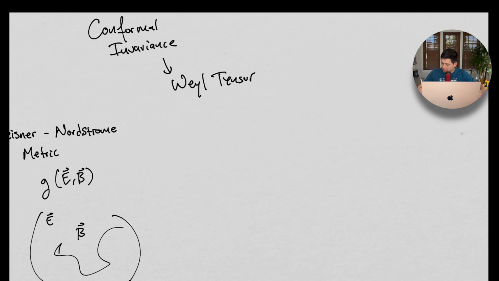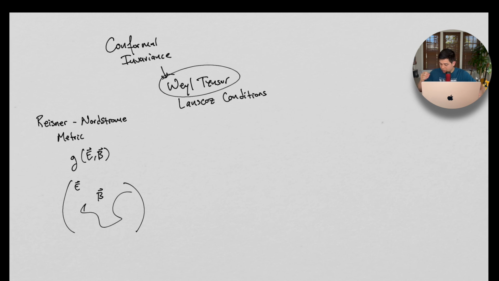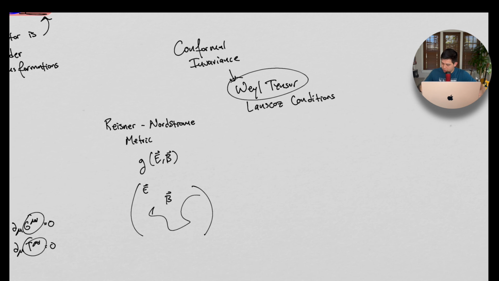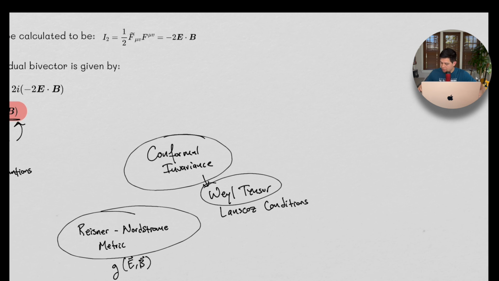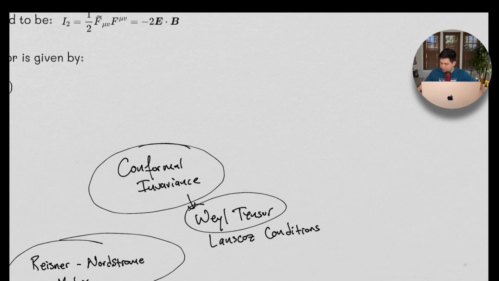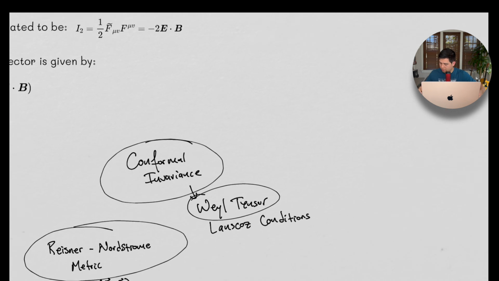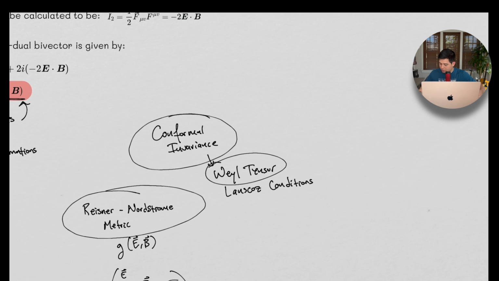We're also going to look at the Weyl tensor along with the Lanczos conditions. There's a thing called the Lanczos tensor, which plays a role in this Weyl tensor as well. And then we're going to talk about electromagnetism, conformal invariance, and eventually how quantum mechanics might play a role in this curvature, but that's going to be later on down the line.